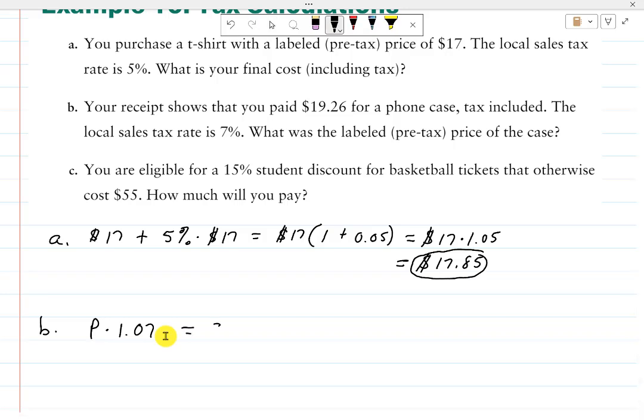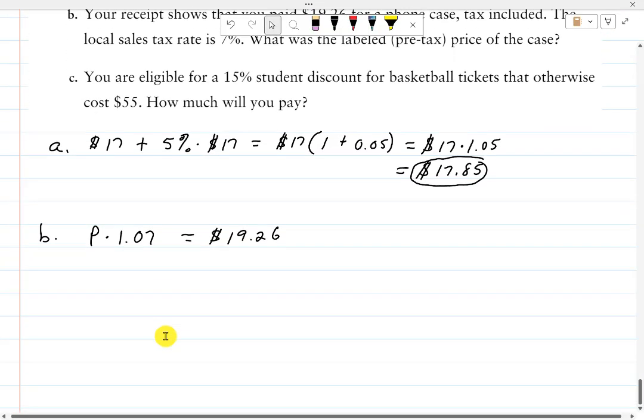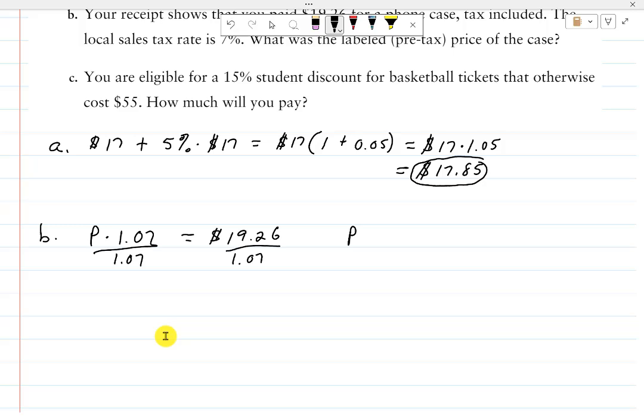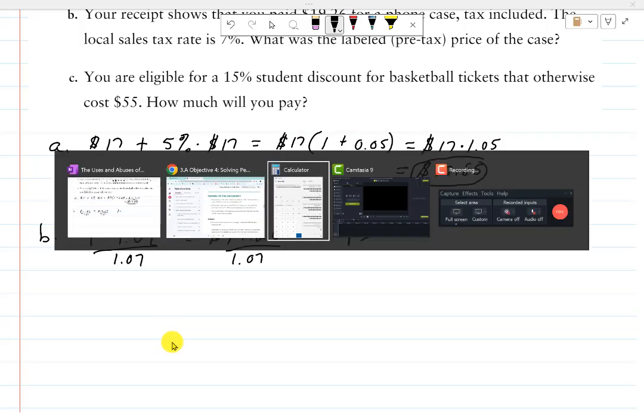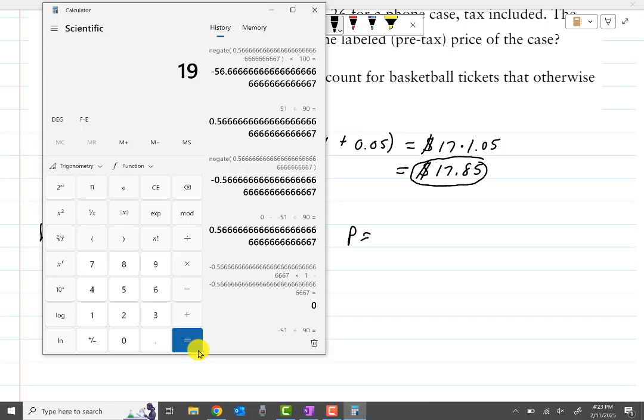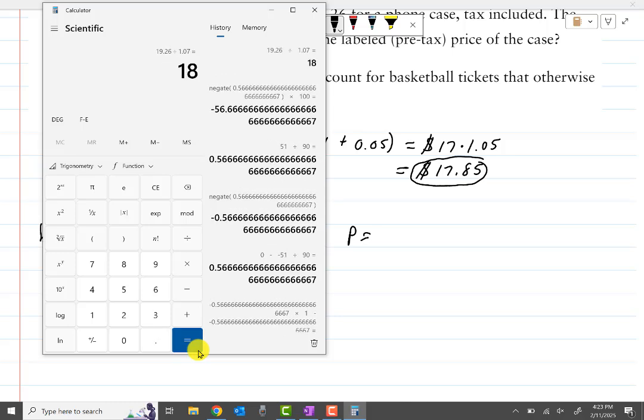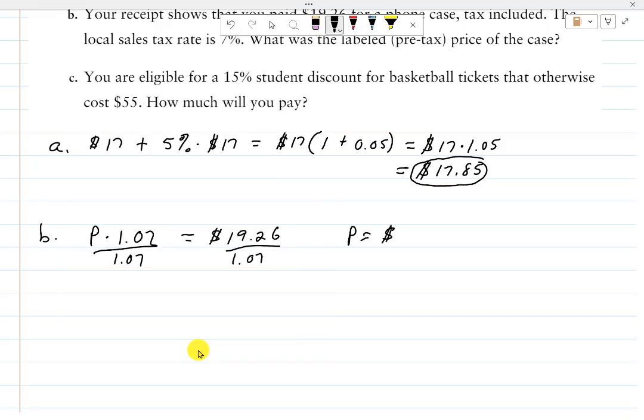And we know that this is equal to 19.26. We're told the price afterwards. Divide by 1.07, divide by 1.07. Comes out to 18. Nice answer. 18, in fact, dollars.